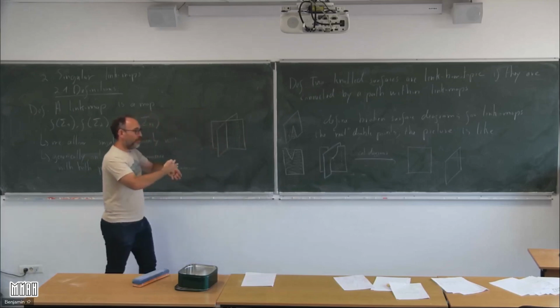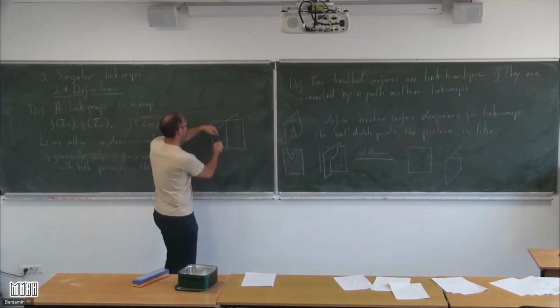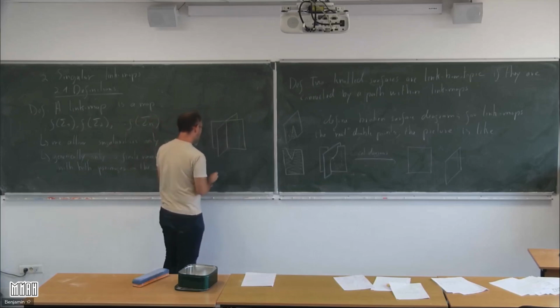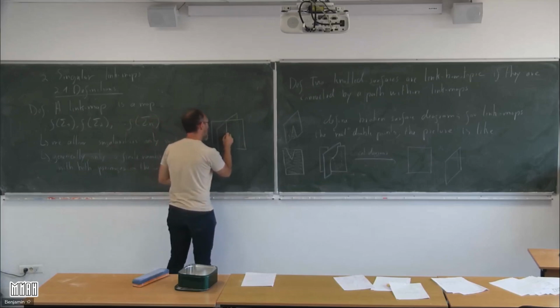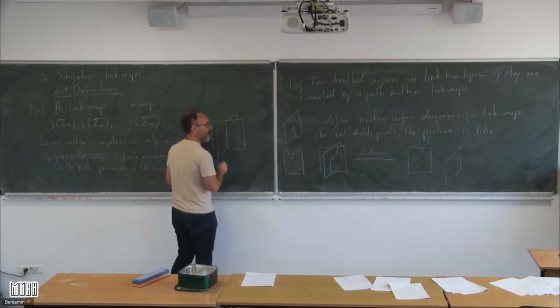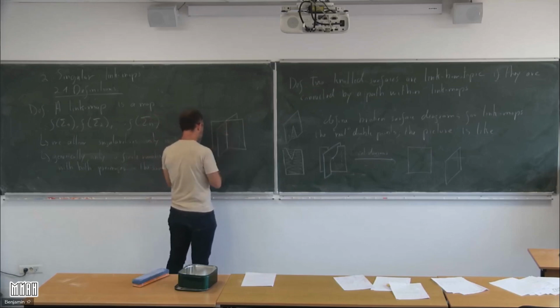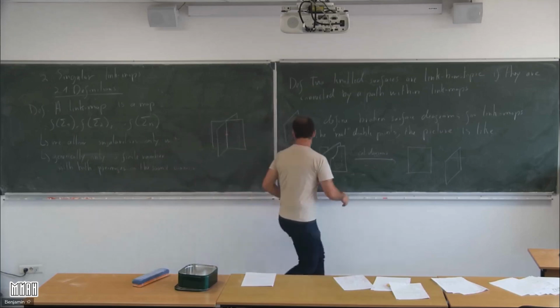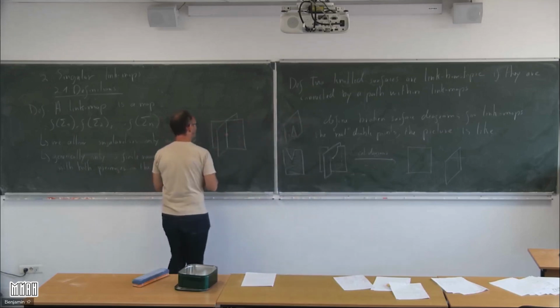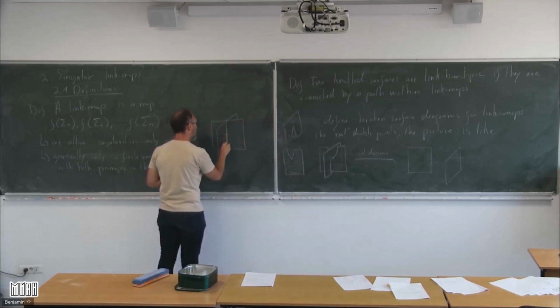So I have two planes which intersect in a line. In the middle, I have my real double points, and here I have lines of double points.